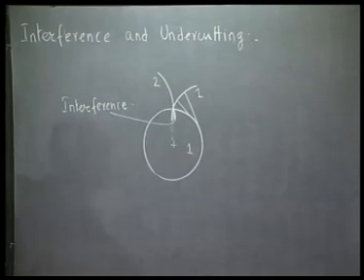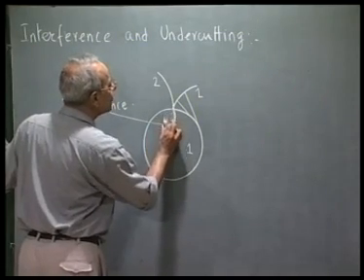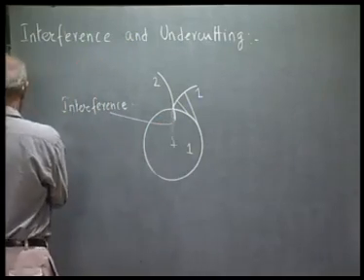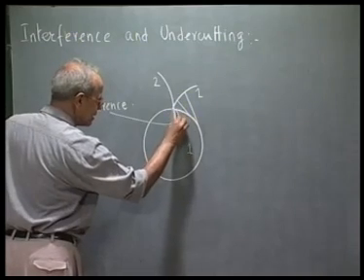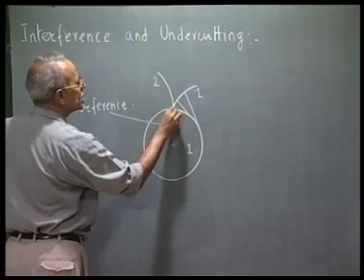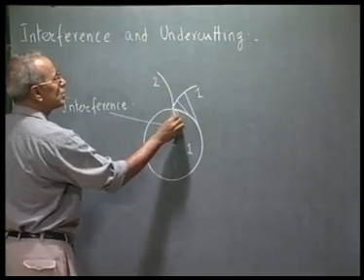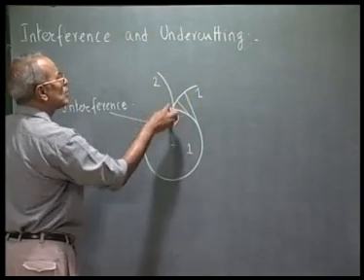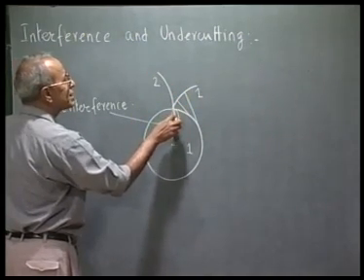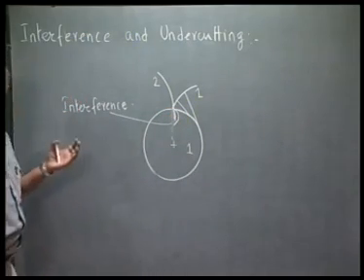One solution to this interference is to remove some portion of gear 1. We do not have the involute profile for gear 1 anyway, so let me cut this portion from gear 1. Then as we see, this gear tooth is not interfering with gear 1. The tooth of gear 2 is having a space inside gear 1, though there is no conjugate profile to maintain contact.